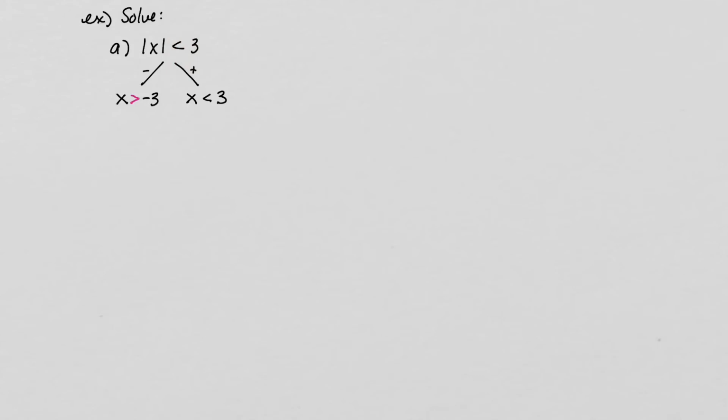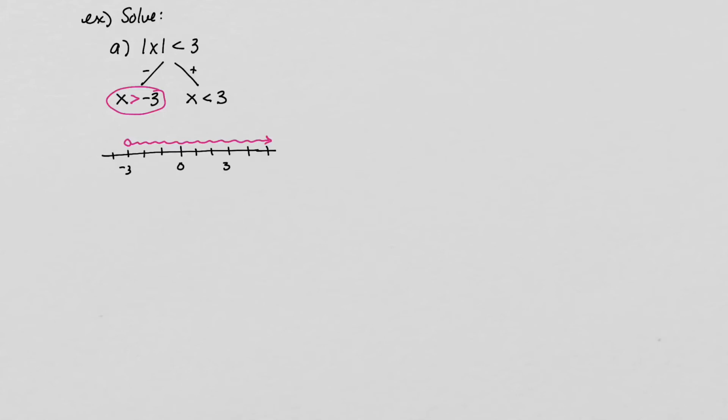And now I'm going to graph each of these inequalities on a number line. So here's 0, here's -3, here's 3, keep going. Okay, so the first one that I'm going to graph says x has to be greater than -3. So I would have an open circle at -3, and I'm going to go all the way to the right.